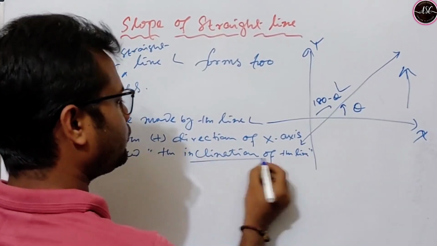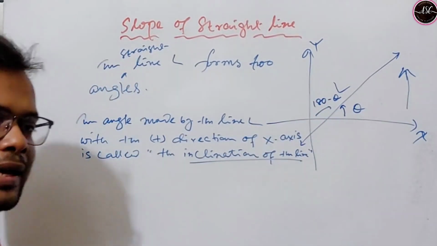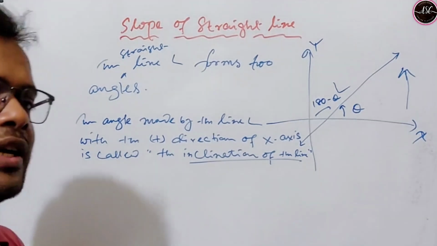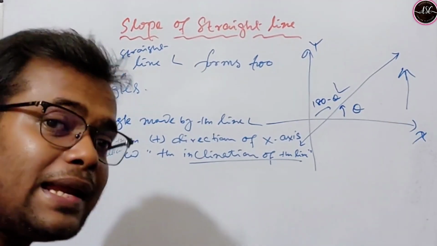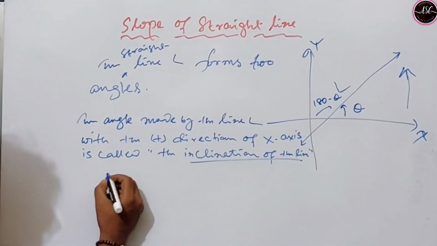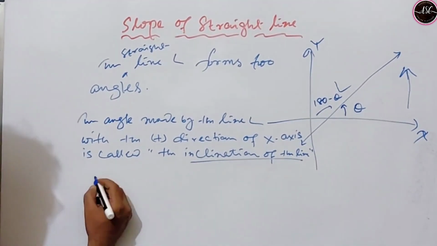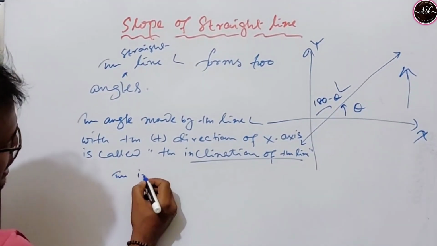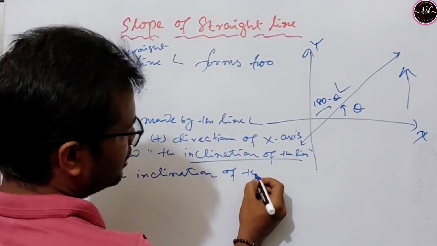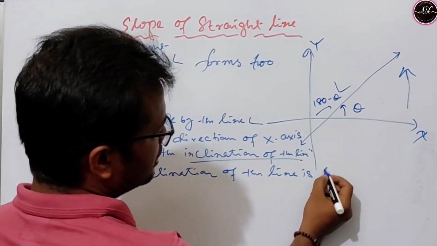Okay, so the angle made by the line with the positive direction of x axis is called the inclination of the line. And here the inclination of the line is theta.